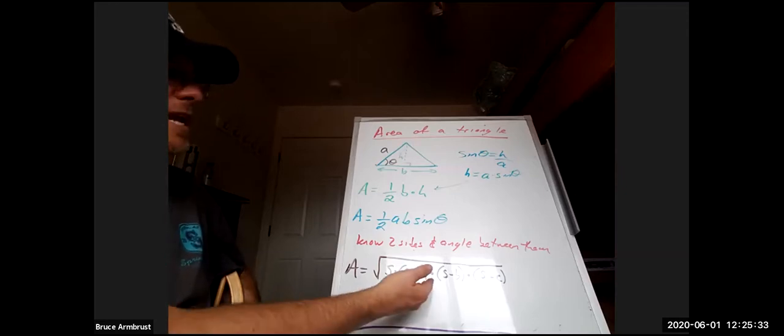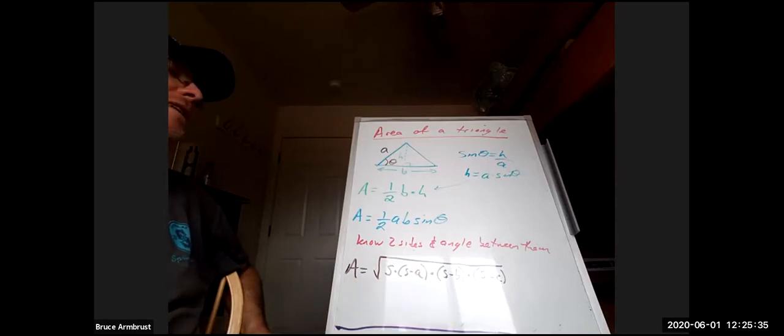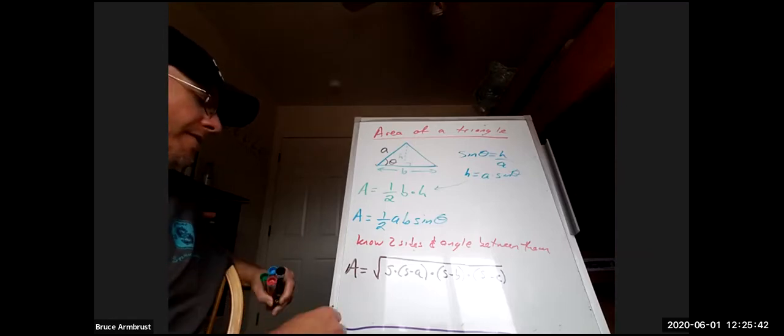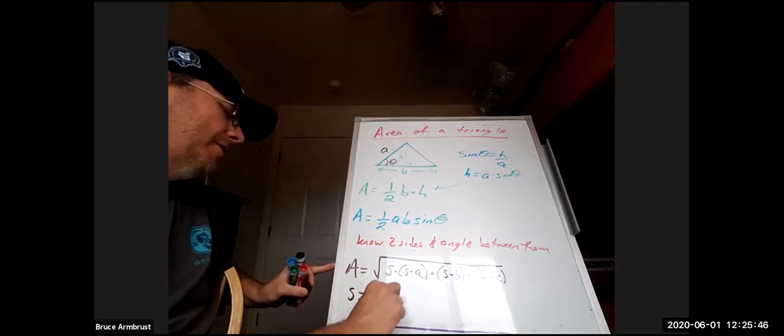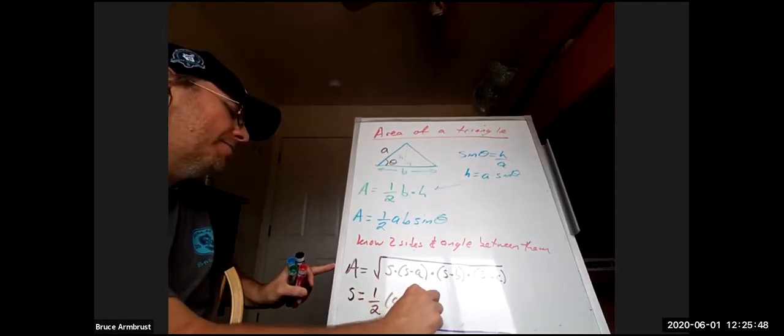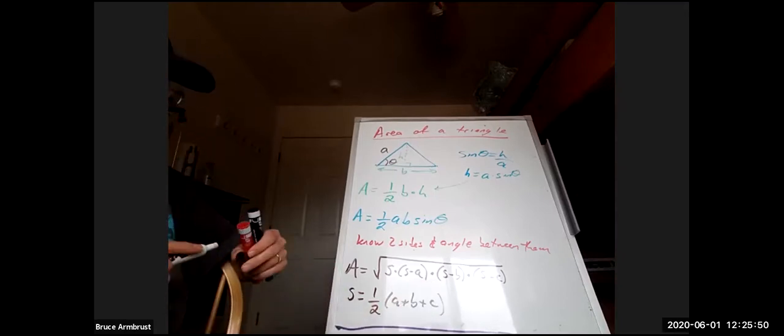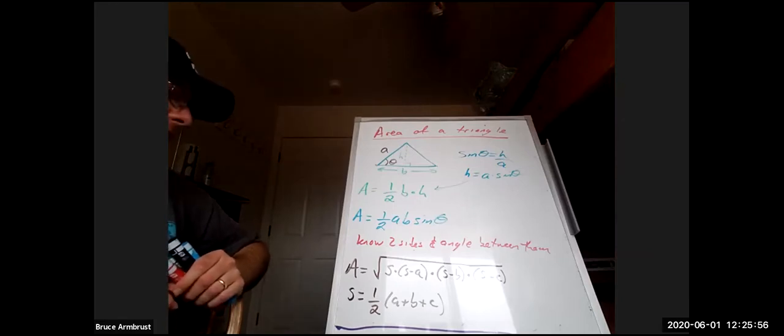Okay, so clearly A, B, and C, those are the three sides. But the question is probably, well, what is this S? Well, S is the semi-perimeter. So it's actually half of the perimeter. So if you take those three sides, A, B, and C, and add them up, and then divide by 2, that is your S.